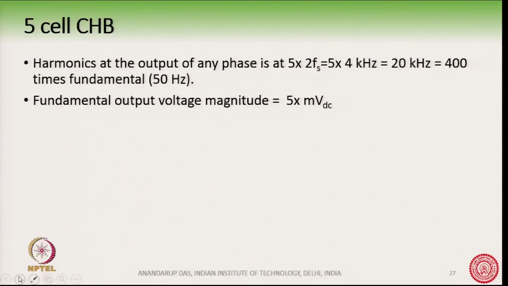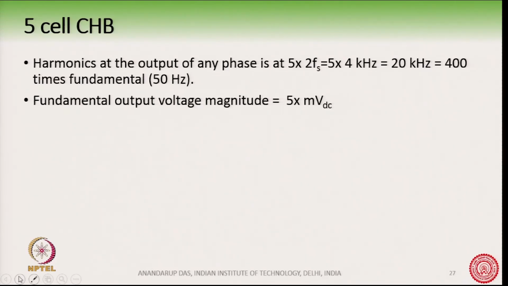So, if there are 5 such cells, then the first band of harmonics will reside at 5 into the output of one cell, that is 5 into 2 Fs, which is equal to 5 into 4 kilohertz, which is equal to 20 kilohertz, or 400 times the fundamental.